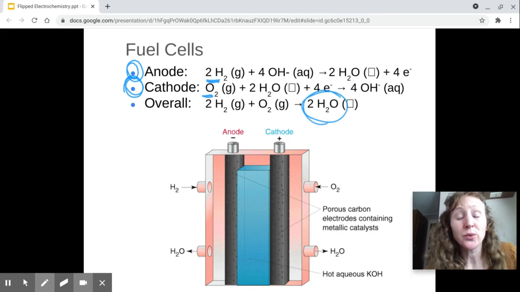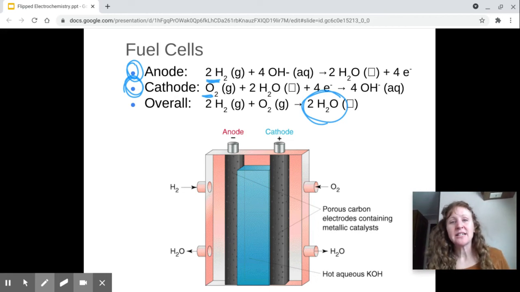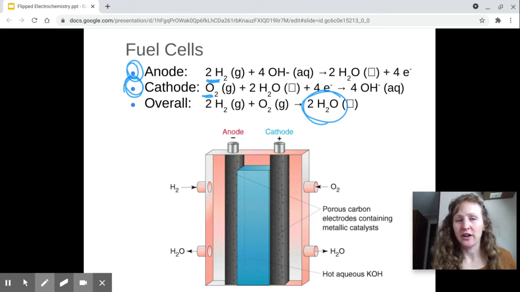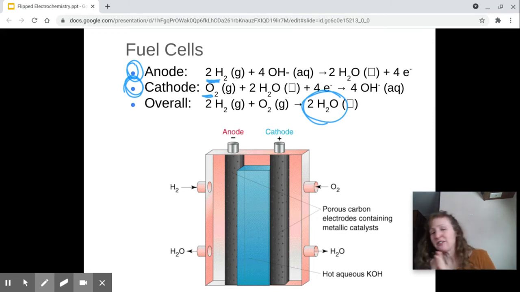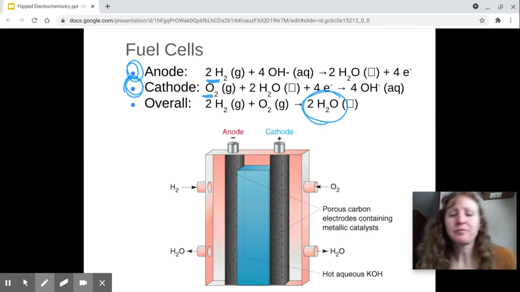If we could run batteries with hydrogen and oxygen where the product is water, that would be much better than using lead, sulfuric acid, a whole bunch of metals and salts that eventually get disposed of, right? So fuel cells are a really attractive energy option that a lot of research is being done on right now.